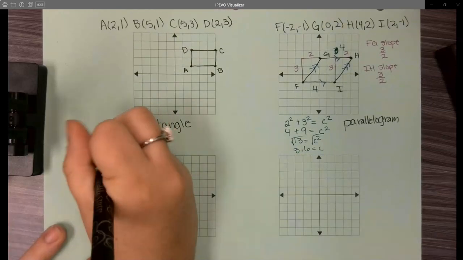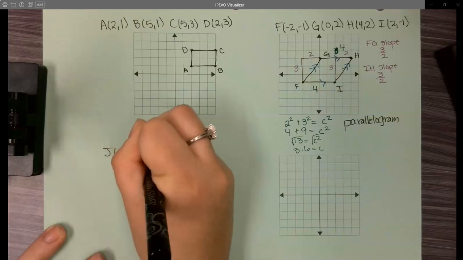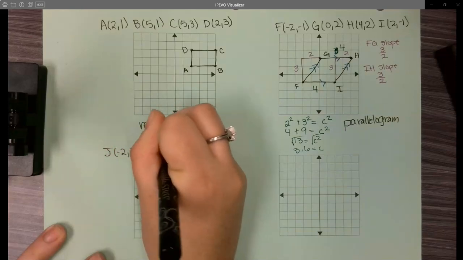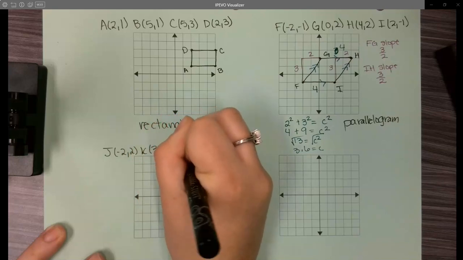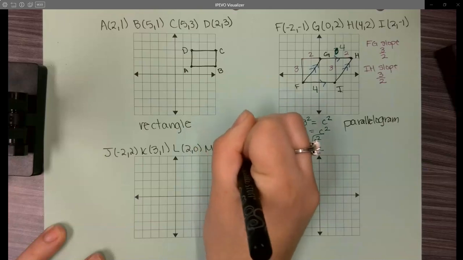For my next one, I'm going to have J is at -2, 2. K is at 3, 1. L is at 2, 0. And M is at -1, -1.